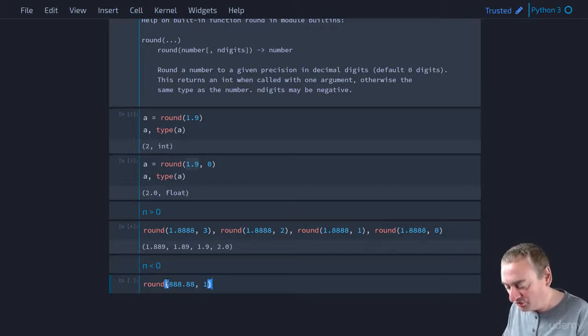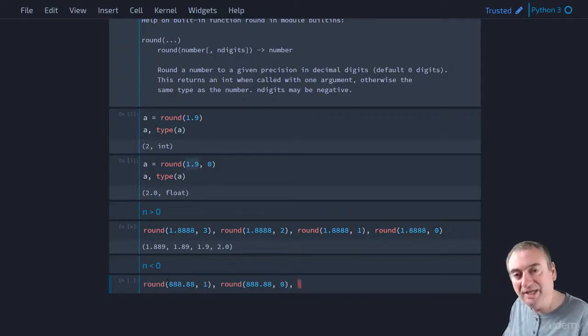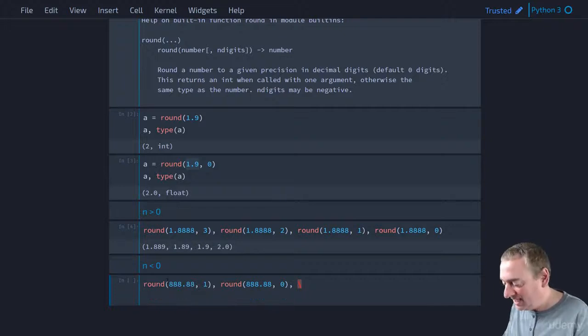I just want to show you the progression. Then we'll round 888.88 to 0. Okay. I'm going to use my line continuation. Remember that from one of the earlier videos. And then we're going to do round 888.88. Now let's start with the negatives. Negative 1, round 888.88.